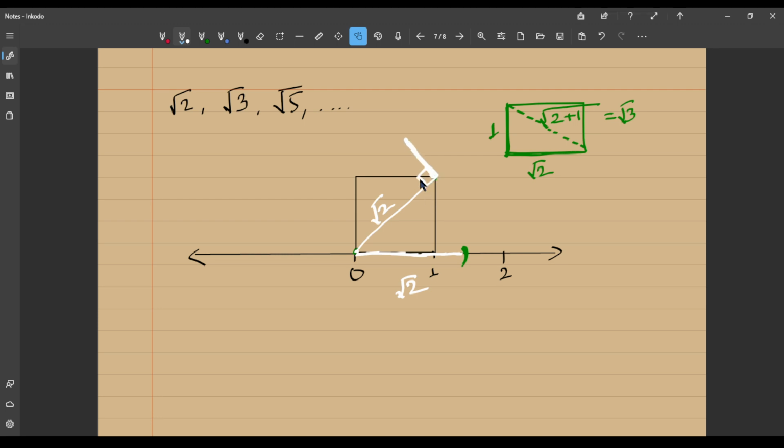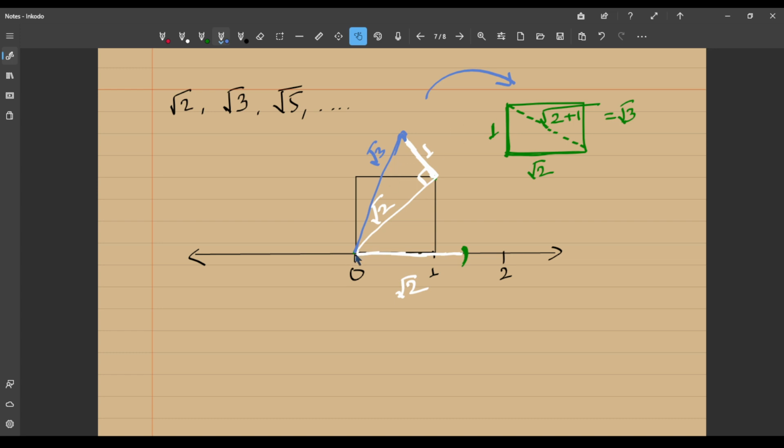You draw a 90-degree line that measures 1 unit, as in 1 inch or 1 centimeter, whatever you're comfortable with. And now this blue line, I know that it's for sure equal to the square root of 3 as calculated here.